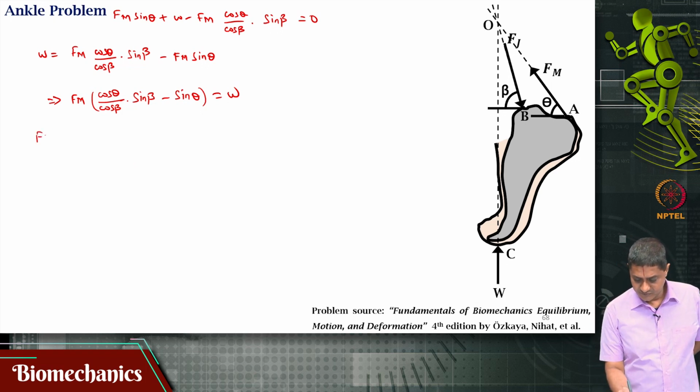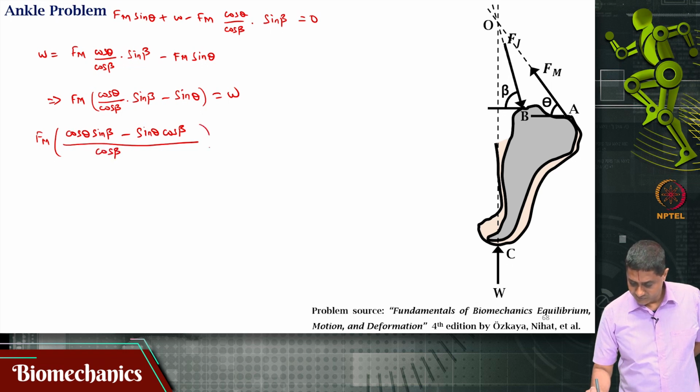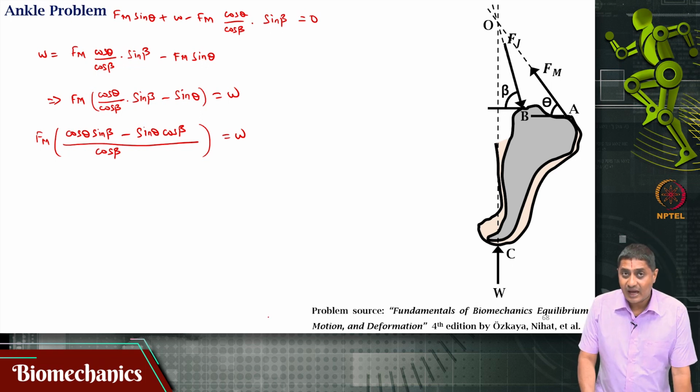Now, after some more adjustments, for example, I can take the LCM. Cos theta sin beta minus sin theta cos beta, the whole thing divided by cos beta. In this, I know W and I know theta and beta, so I am taking Fm on one side.